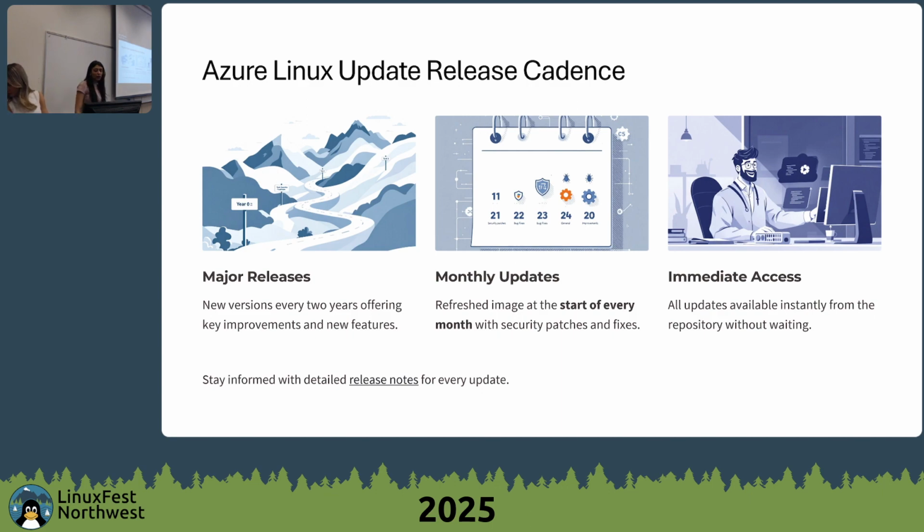We want to talk a bit about the release cadence and the support cycle that we currently follow. We aim to do a major release every 2 years at this point. And like Flora mentioned before, with every new release, we want to do a new version of the kernel, whatever is the latest upstream available LTS kernel, and give a refresh on most language runtimes, upgrading everything to whatever is the latest upstream.